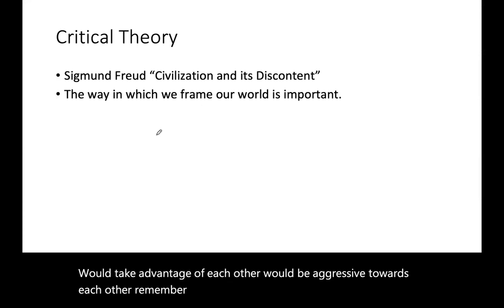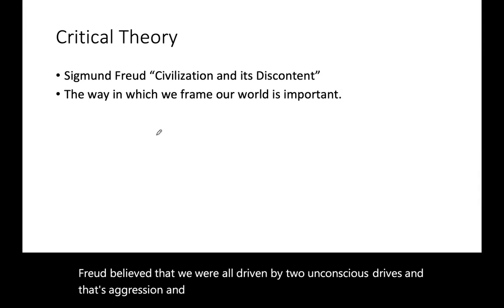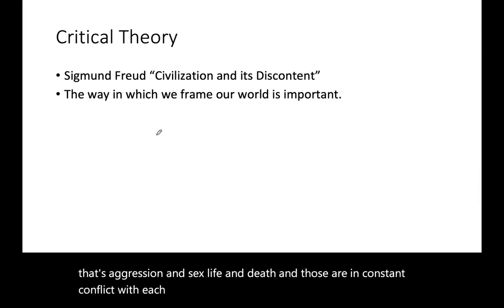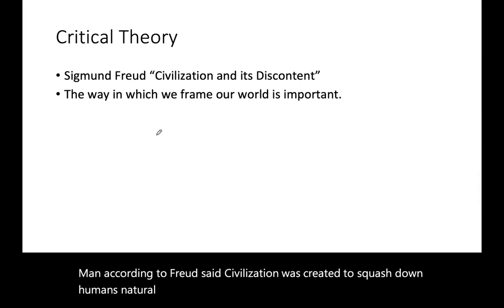Remember Freud, if you've taken the Psych 101 class, Freud believed that we were all driven by two unconscious drives, and that's aggression and sex, life and death. And those are in constant conflict with each other. And so according to Freud, civilization was created to squash down humans' natural aggression, to put it in check, as you would say.